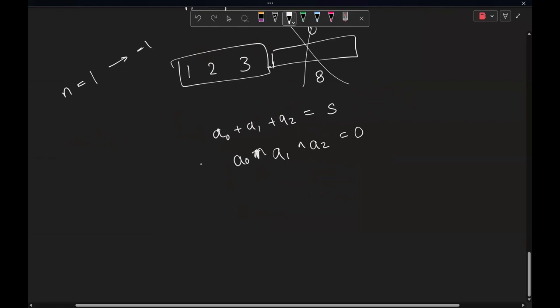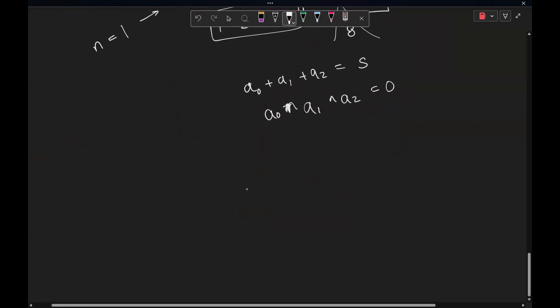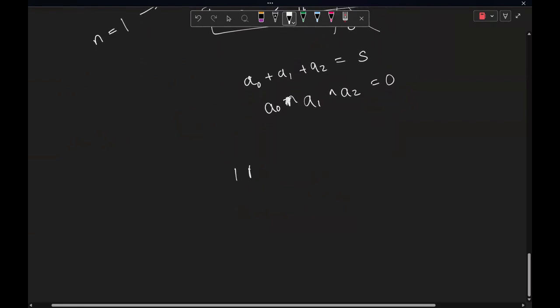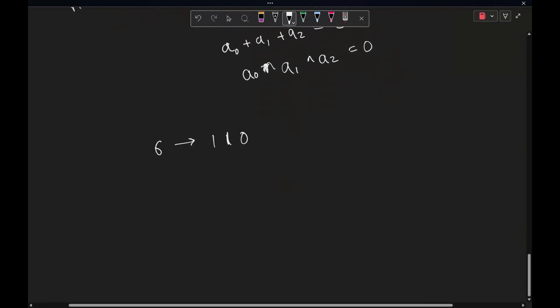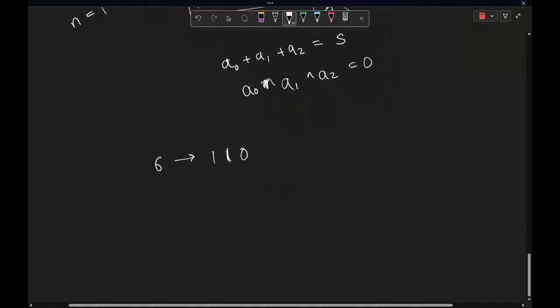Now for the case of having 3 elements whose sum is equal to s and the XOR being equal to 0, I tried to think of 6, the element 6, which I was initially forming in the bitwise form, and the characters which I was picking up for having this sum and bitwise XOR to be 0 were actually 1, 0, 0, 1, and 1, 1.